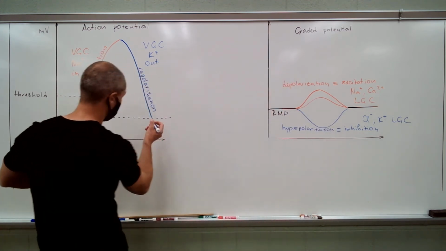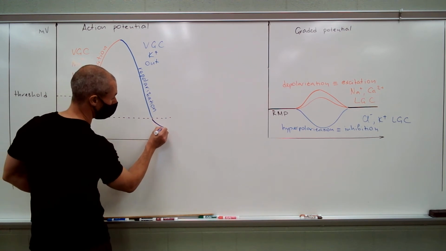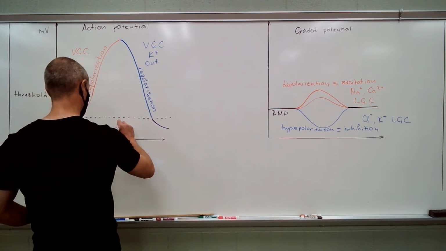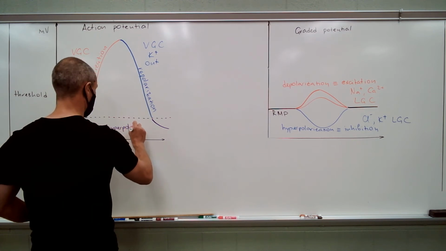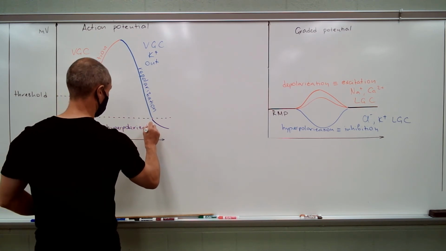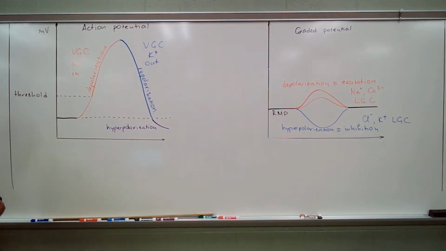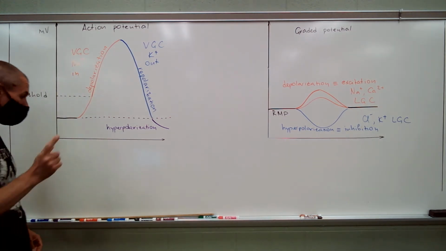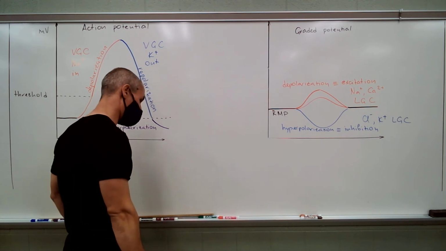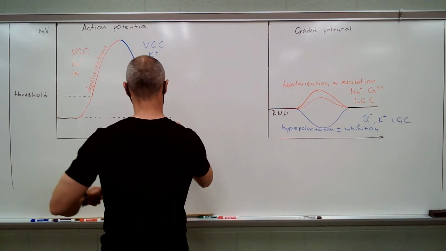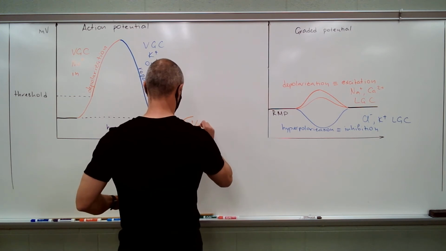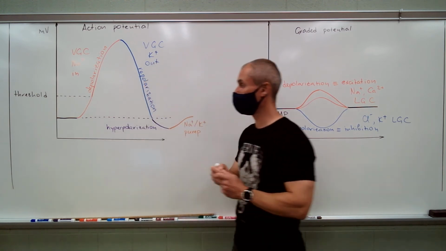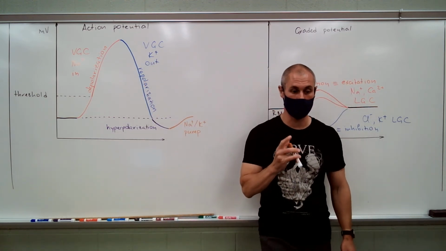And we have that little part here that's called, obviously, hyperpolarization. And then your sodium-potassium pump, I told you we're going to mention it, restores the concentrations, brings them back to normal.